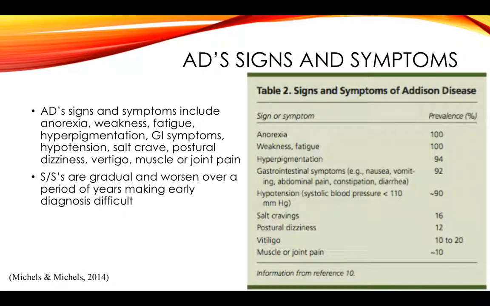Signs and symptoms, like I said on the previous slide, don't appear until stage 4, and they include anorexia, weakness, fatigue, and GI symptoms due to the GI decompensation, hyperpigmentation due to the increase of ACTH, hypotension, salt craving, postural dizziness, vertigo, and muscle and joint pain due to the decrease of aldosterone.